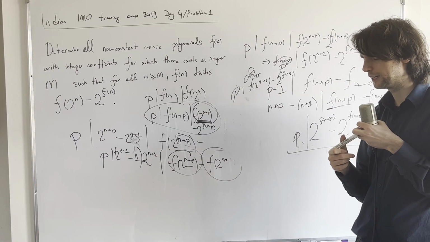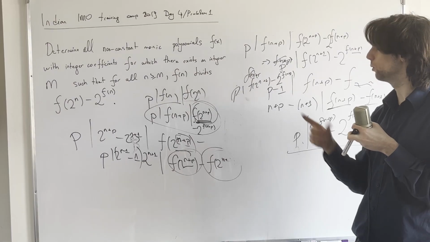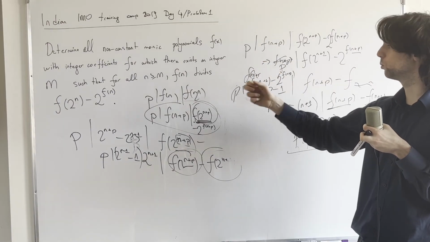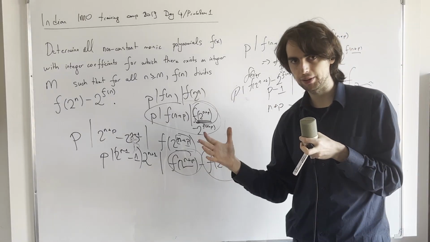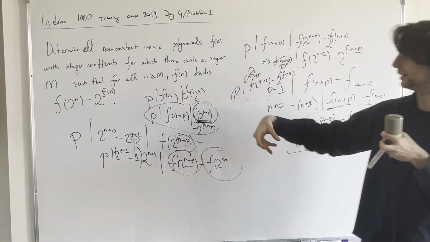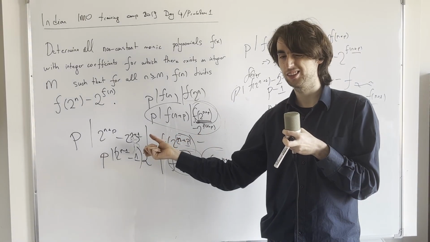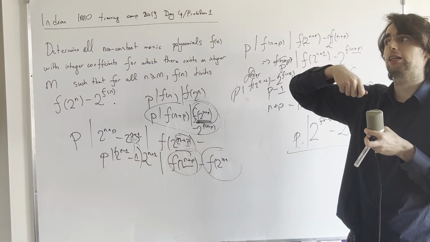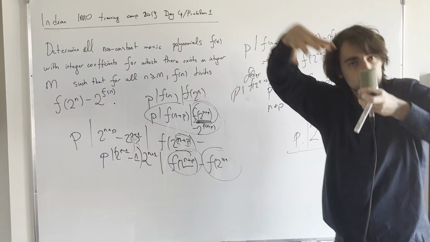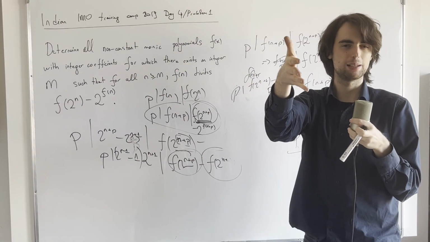And here, actually no, from p divides f of n, we have this. And now from here, I invite you to pause and generalize this to, instead of just times 1, like n plus p, do it n plus p times k, and see what we have for something general. Pause and try to do that.